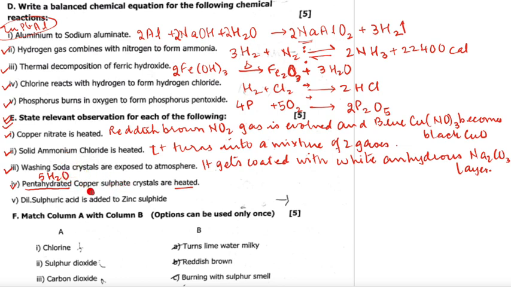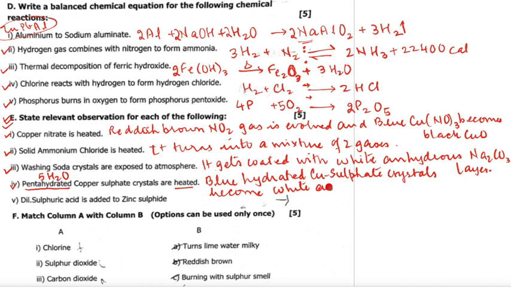They will become vapor, and so we will have blue hydrated copper sulfate crystals become white anhydrous amorphous copper sulfate.